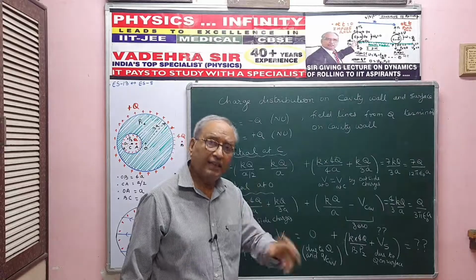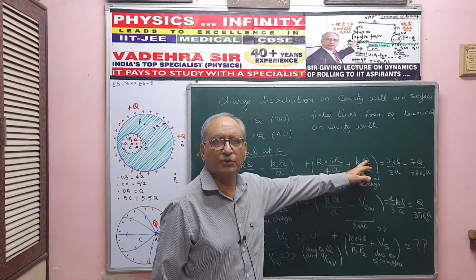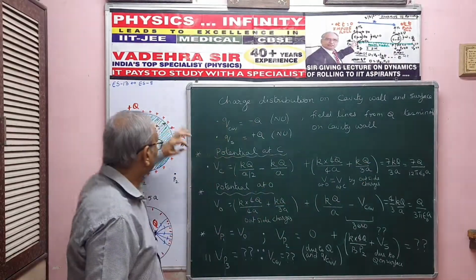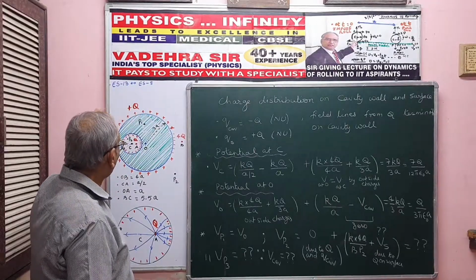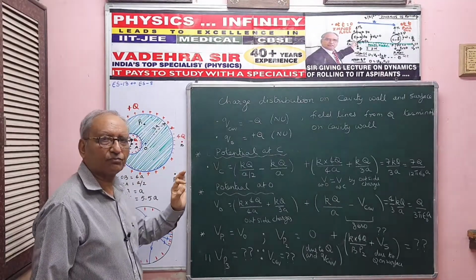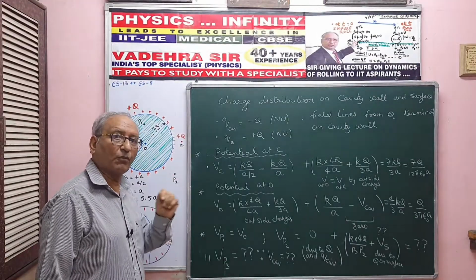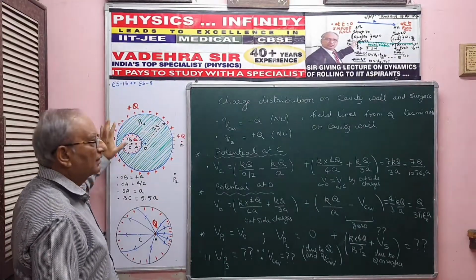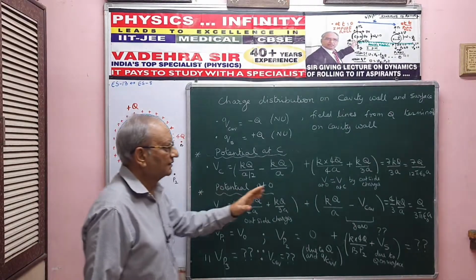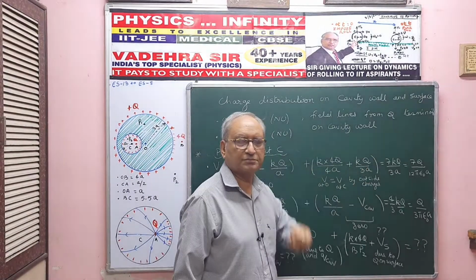Agreed, Q is non-uniformly distributed, but every elemental charge on the surface is at the same distance, 3A from O. So when I do the integration of all that, I'll get the result KQ by 3A.